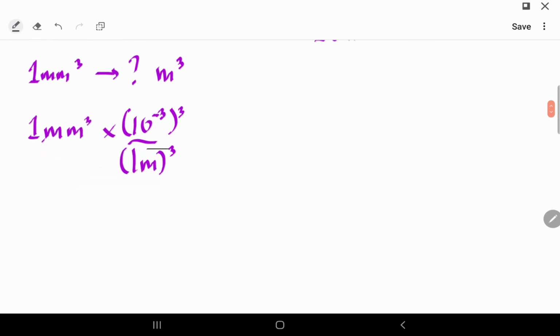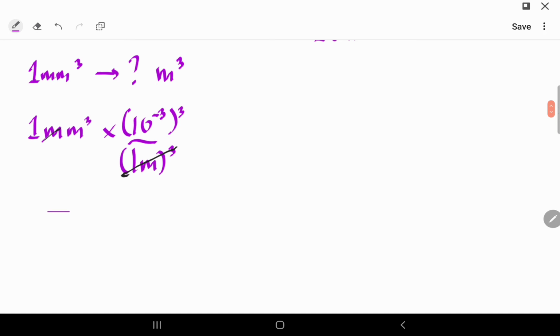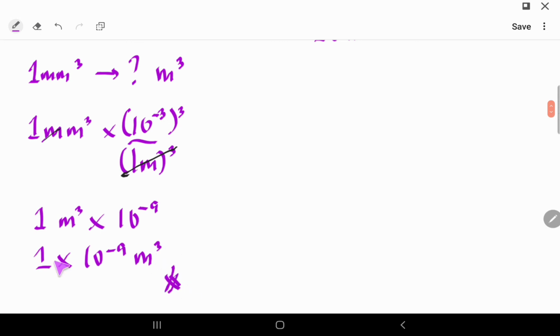So what do we have now? Just meter cube only, because millicube and millicube cancel each other. Giving you 1 meter cube times 10 to the power of negative 9. So the answer is 1 times 10 to the power of negative 9 meter cube. So this is the answer.